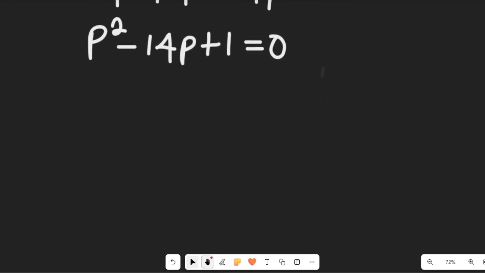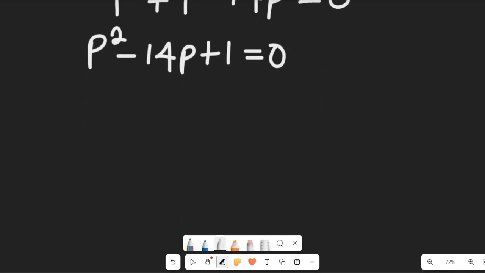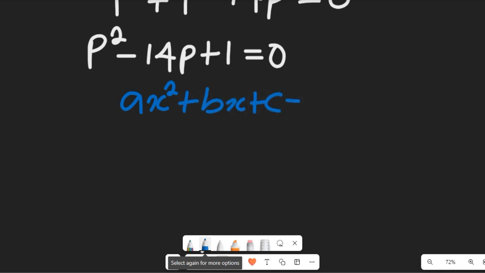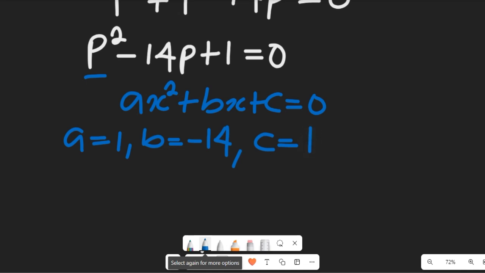And this expression is a quadratic expression, which can be compared to ax squared plus bx plus c equal to 0, where a is equal to 1, b is equal to negative 14, and our c is equal to what? 1.